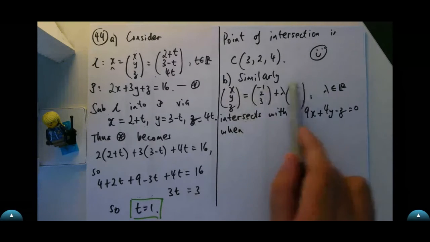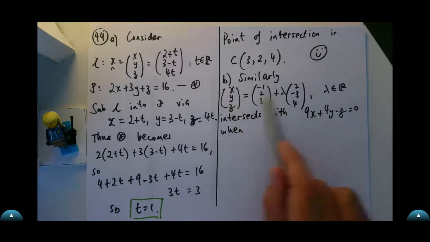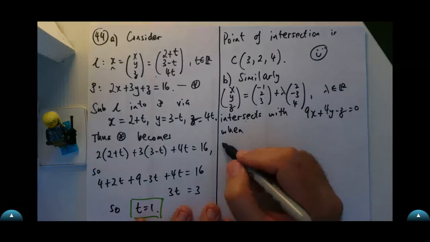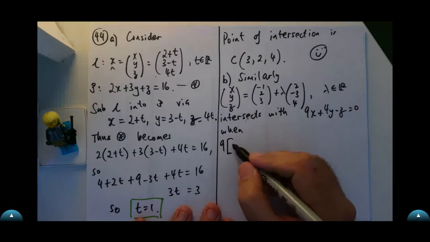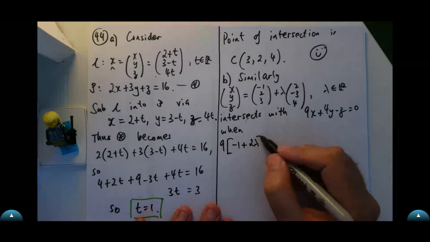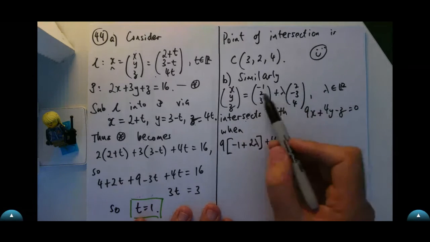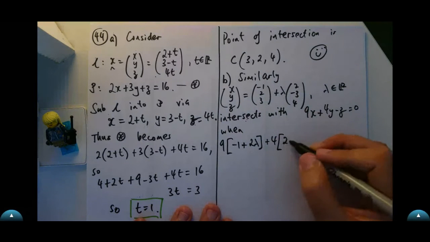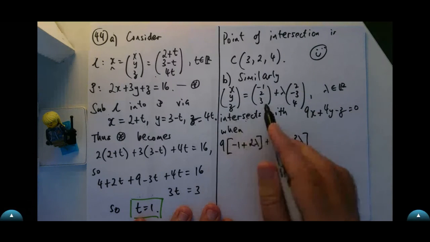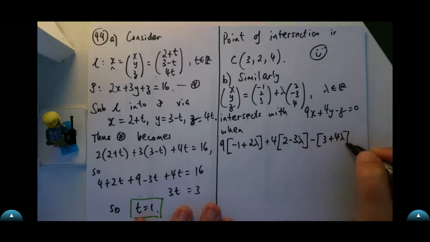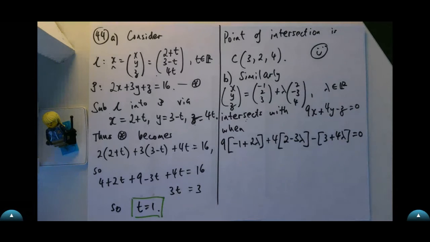When x, you substitute for x in there, substitute for y in there and z, and you find a value of lambda. So that's the x part going in from up there. The y part is 2 minus 3 lambda. The z part is 3 plus 4 lambda. And just like the previous case, we want to solve for lambda.